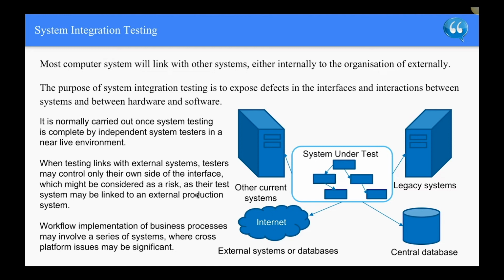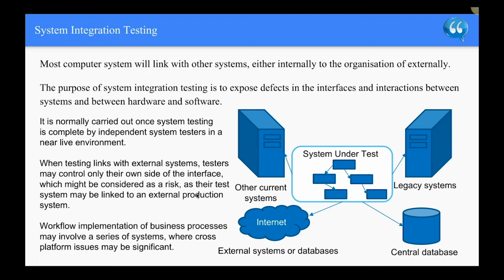So the purpose of the system integration test is to expose defects in the interfaces and interactions between systems and between hardware and software. So it is normally carried out once the system test is complete by independent system testers in a near live environment, for example, like UAT.